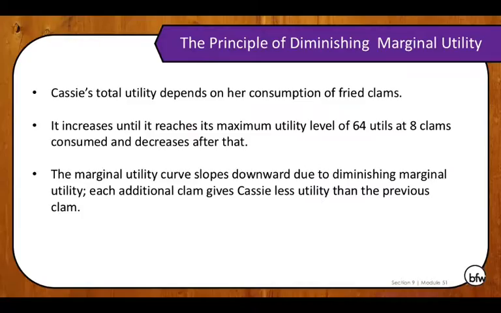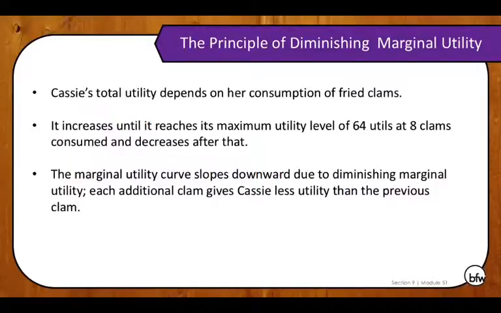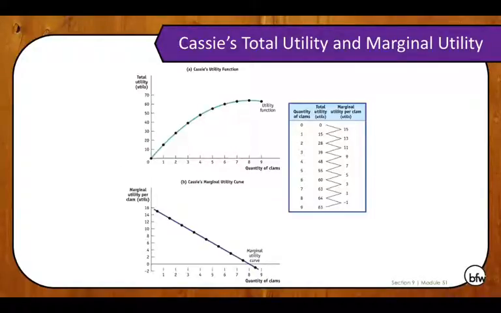So this formula here is the one that we use. This formula means that the marginal utility is the slope of the total utility function. Look again at the graph of total utility, and notice that the slope of total utility is positive but getting smaller as we move from 1 to 8 clams.